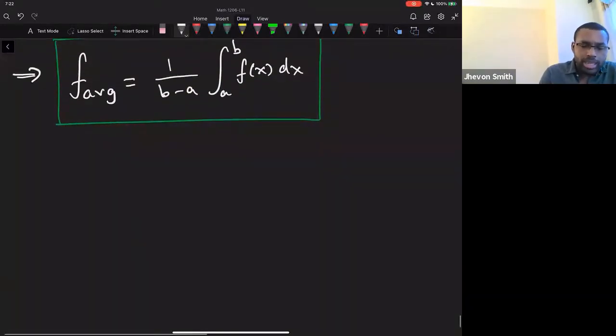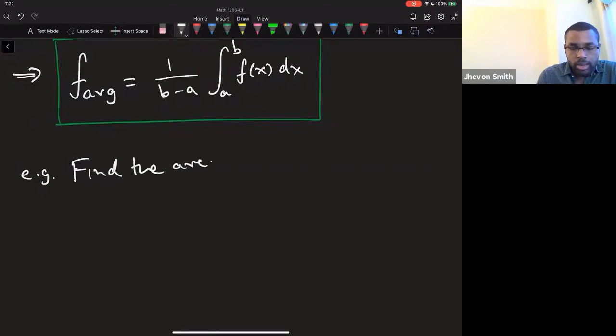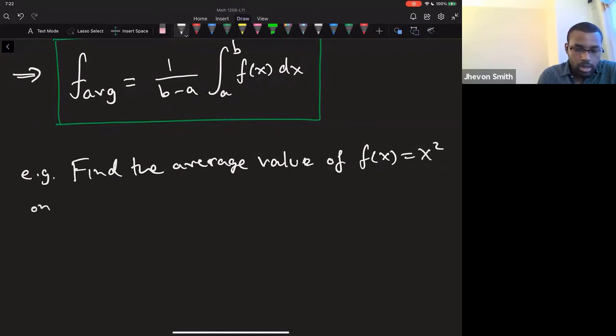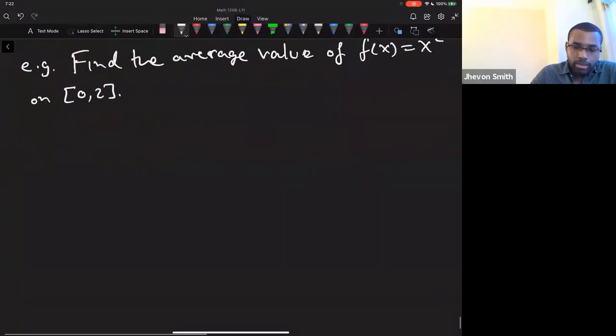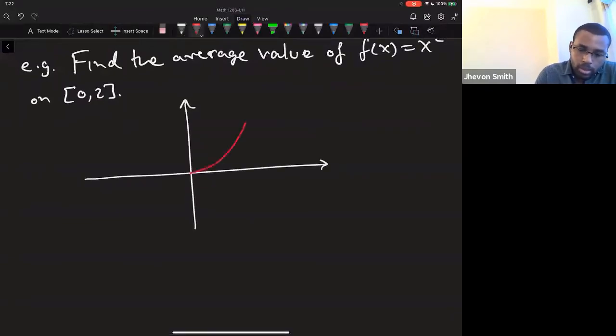So an example here, I could say find the average value of f of x equals x squared, let's say, on 0 to 2. So I have y equals x squared, and I care about being on 0 to 2.